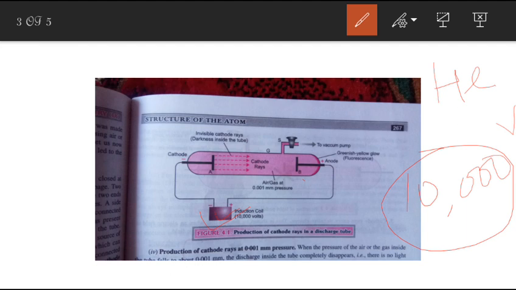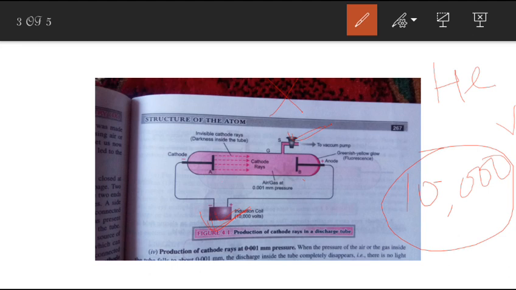Pressure is controlled by this vacuum pump, and voltage is applied by this high voltage battery or induction coil. You will see that at this voltage and at normal atmospheric pressure no current flows, or there is not any change in this discharge tube.